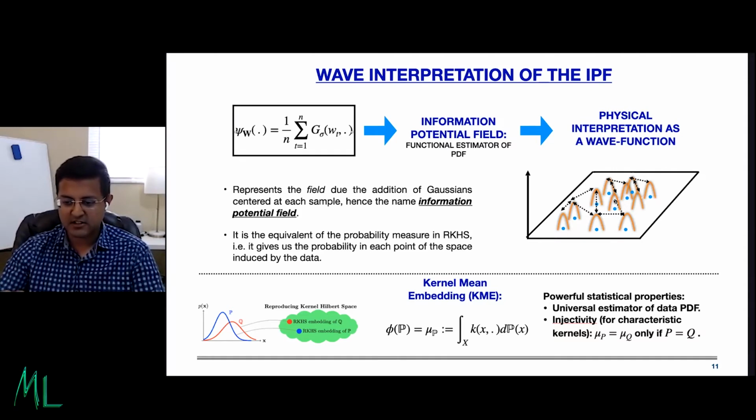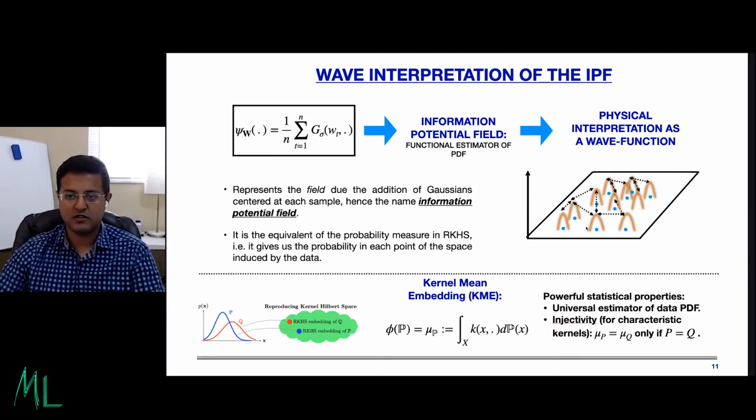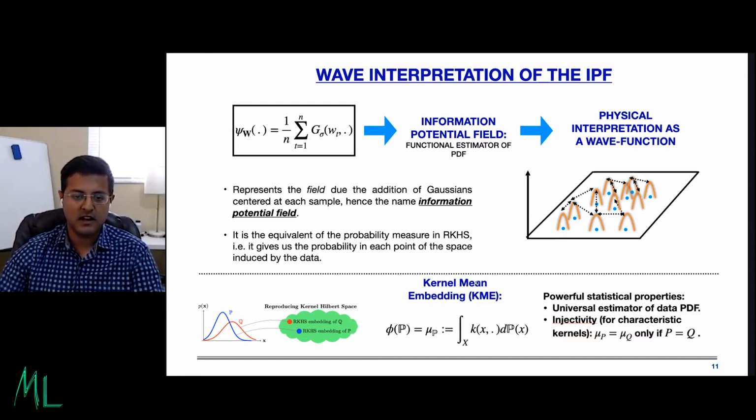But instead of the gravitational force of attraction, here the interactions between Gaussian particles are governed by the kernel, which is the Gaussian kernel that we use in our case. This field is an equivalent of a probability measure in the RKHS. That is, it gives us the probability at each point in the space that is induced completely by data. So this is a very interesting aspect of the IPF that helps us to incorporate quantum physics operators into it to quantify model uncertainty.